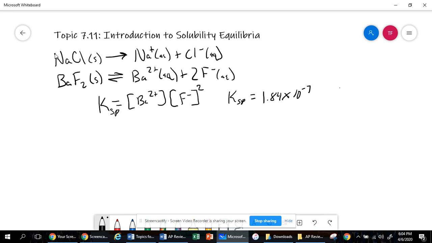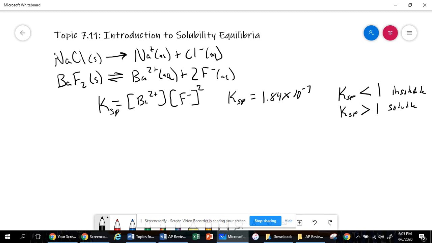We tend to think that if the Ksp value is less than 1, then the salt is insoluble, and the lower than 1 it is, the more insoluble it is. For Ksps greater than 1, we tend to think of those as soluble. So for NaCl, the Ksp is very, very large because NaCl dissolves very well. But BaF2, barium fluoride, dissolves very little, and so it has a very tiny Ksp value.